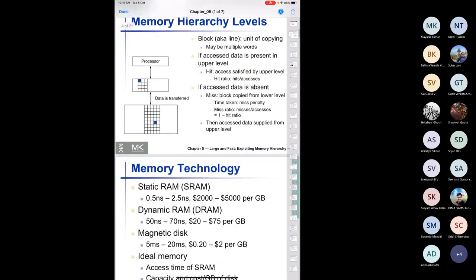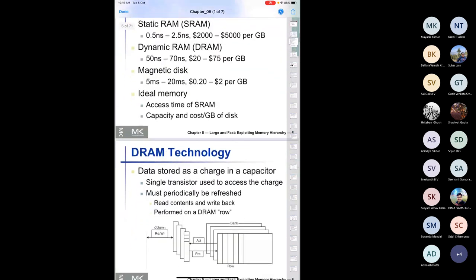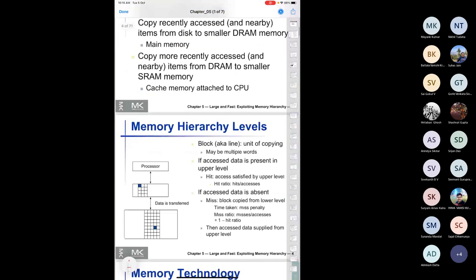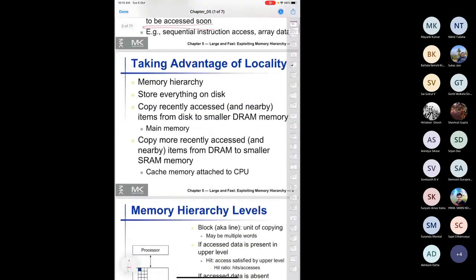At the bottom of the hierarchy, well, let me just draw.